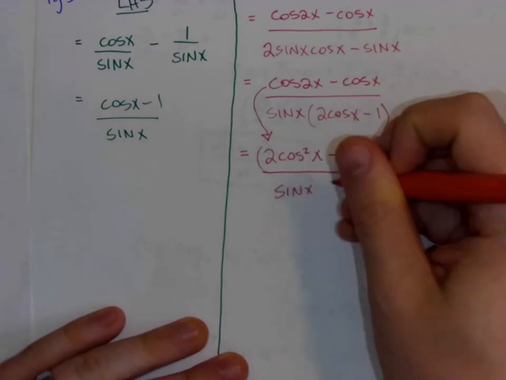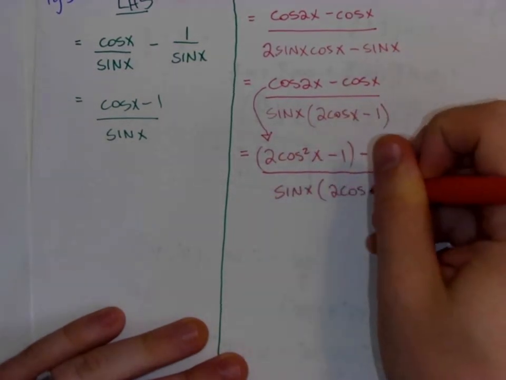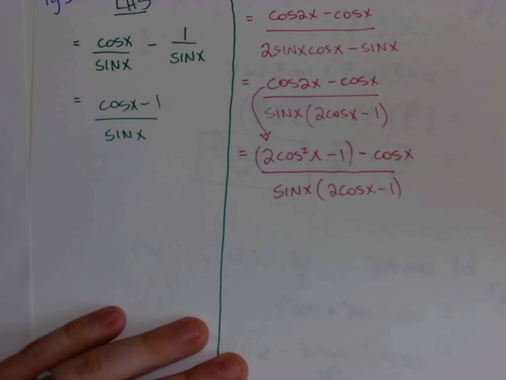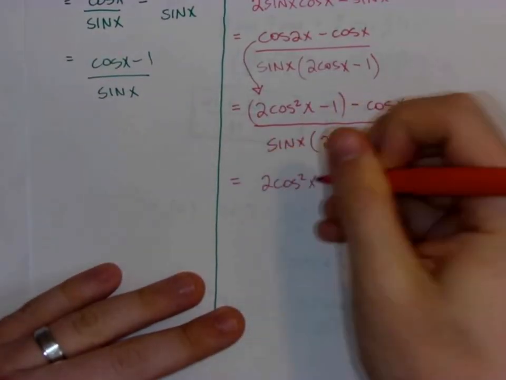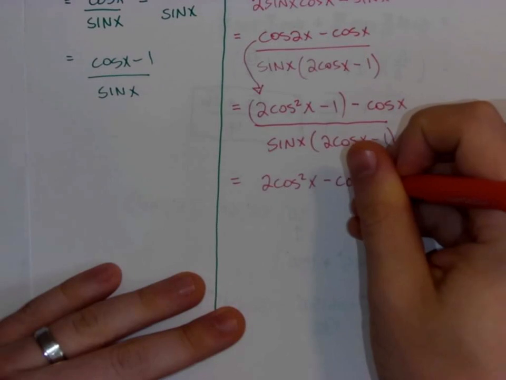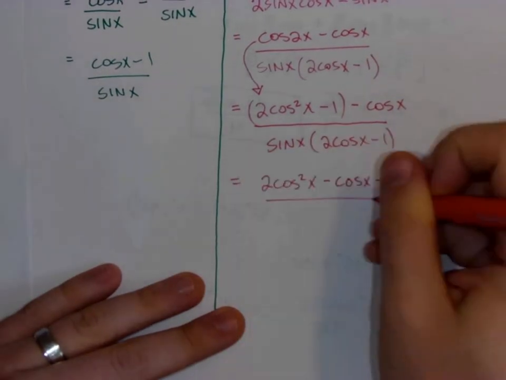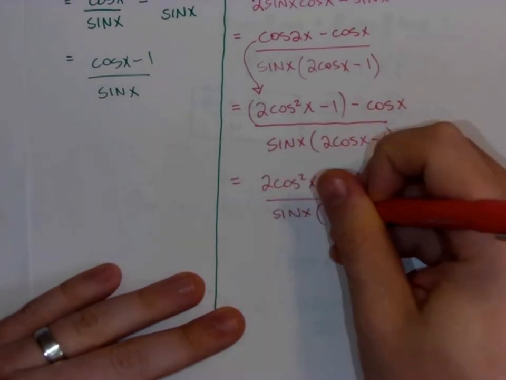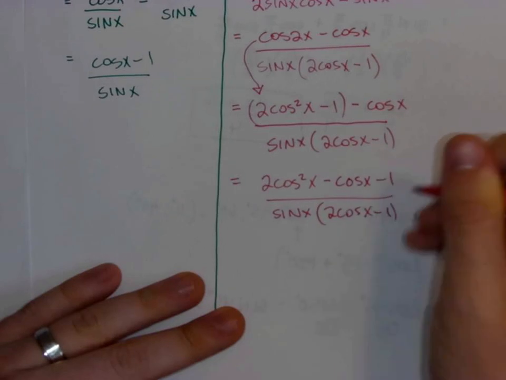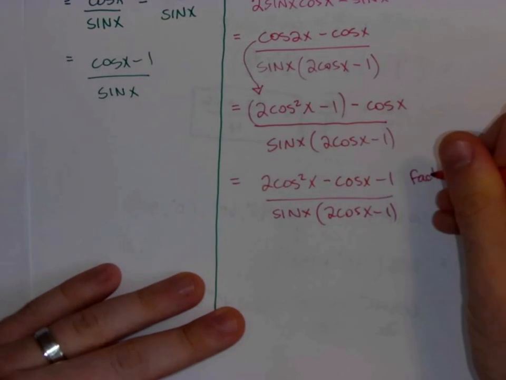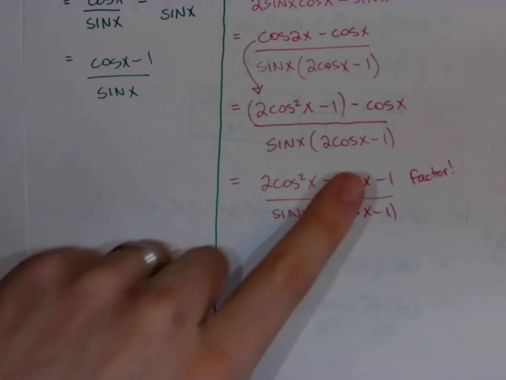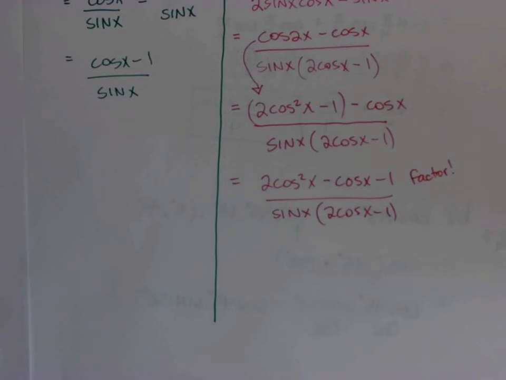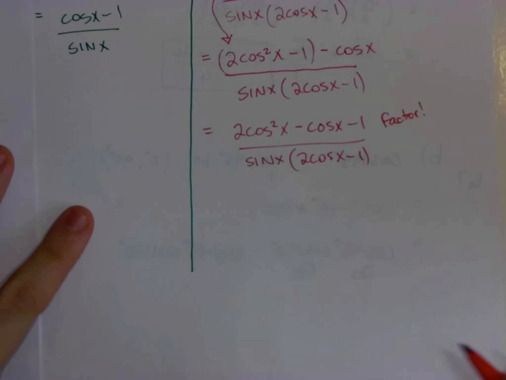That seems a little bit better in terms of working towards canceling the bottom, because now if I go from highest to lowest, I got 2 cos squared x minus cos x minus 1. And now in the top portion, I can factor. If I would have had sine squared on top and cos x, I couldn't have done anything with that. So that is why I chose to substitute in with cos squared x.